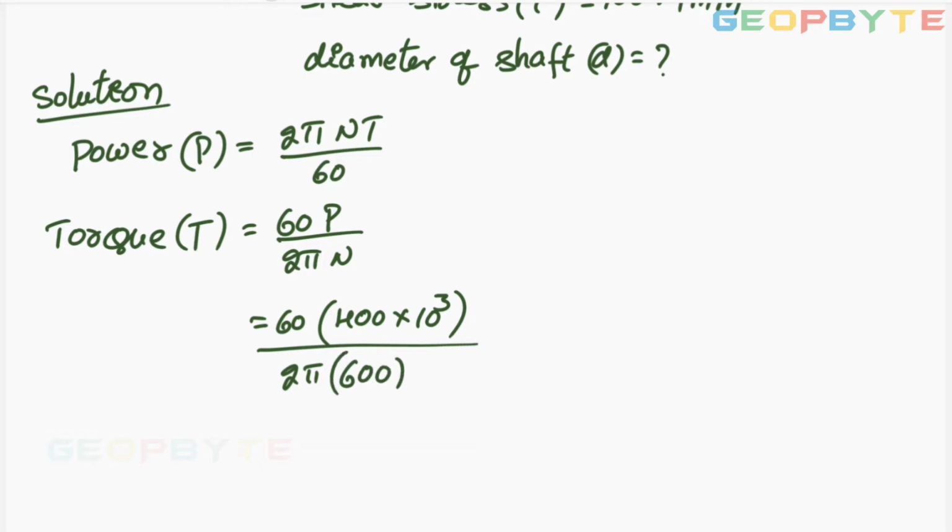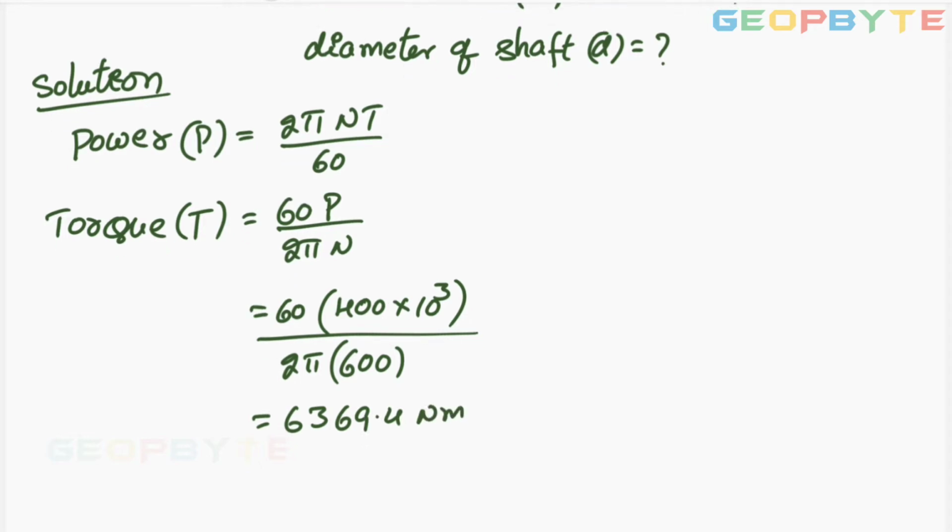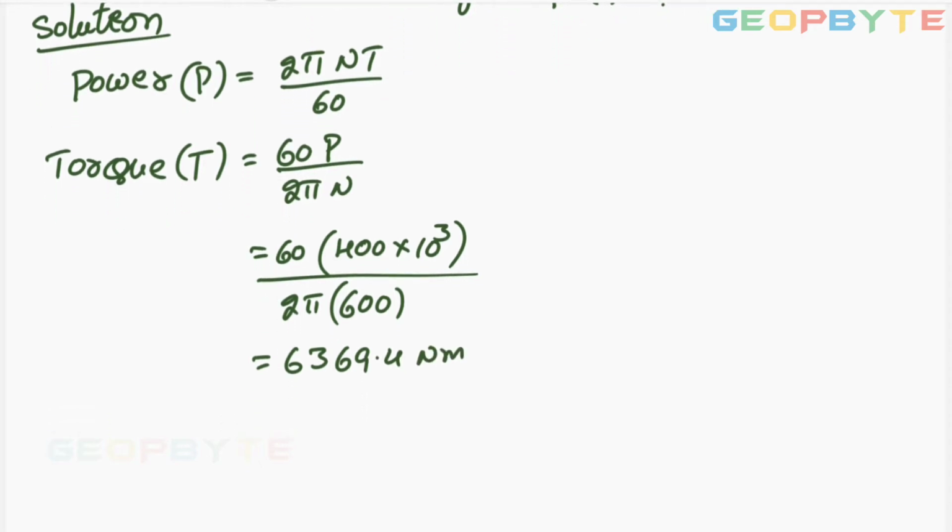You simplify this value for getting the torque around 6369.4 Newton meter. But it is better to convert it into Newton mm: 6369.4 into 10 raised to 3 Newton mm.